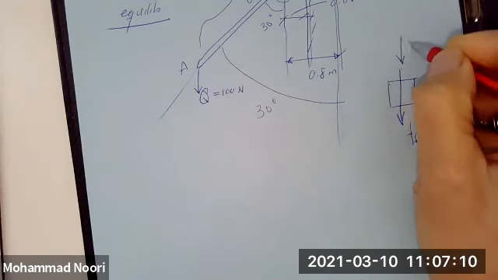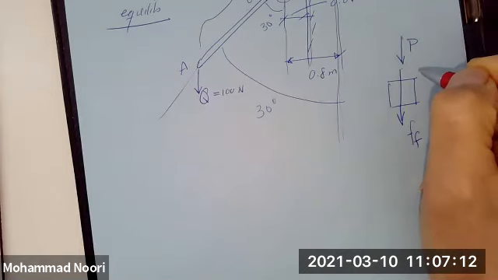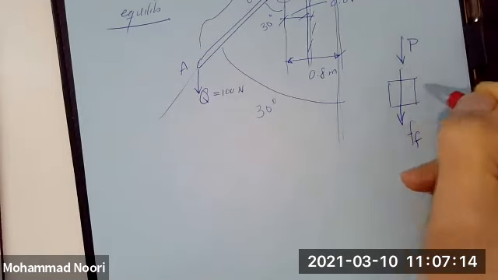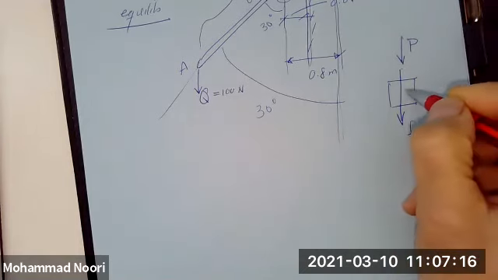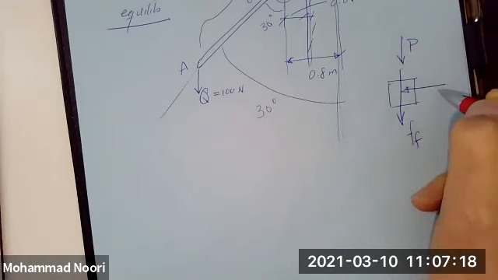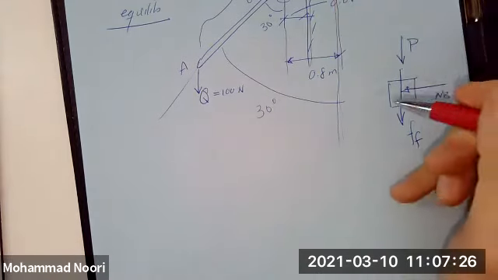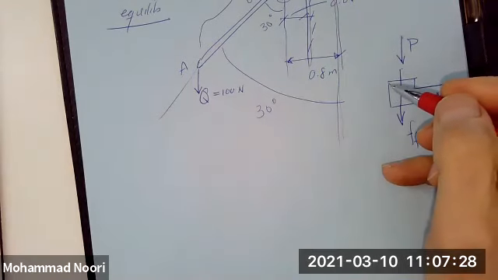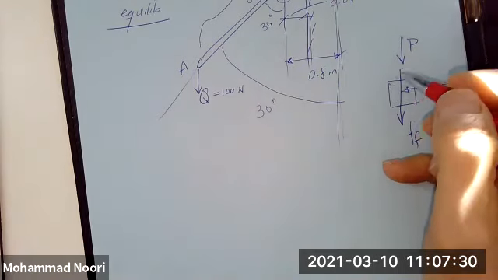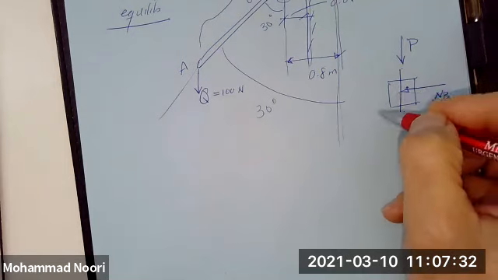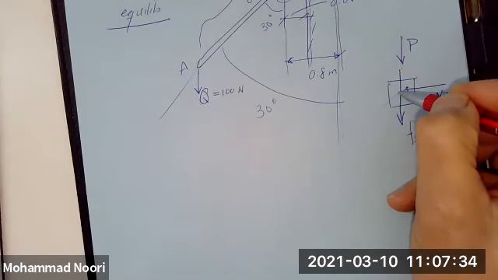You do have this force P, right? You do have a normal load like this on this piston, okay? And then you do have a force that is coming from this rod at this point, okay?